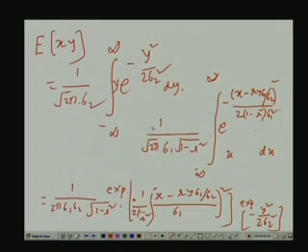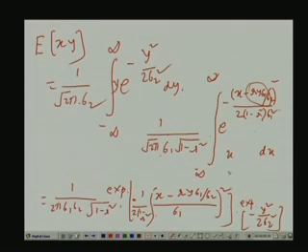Here x is a variable. This is a Gaussian density for a variable x whose mean is this quantity, and variance is this product 1 minus r square sigma 1 square, and this density is multiplied by the corresponding variable x and integrated.